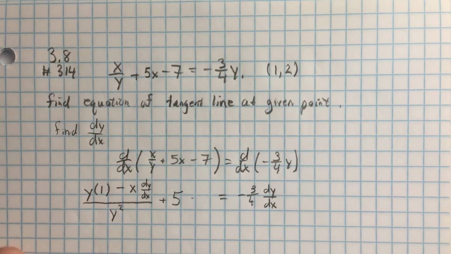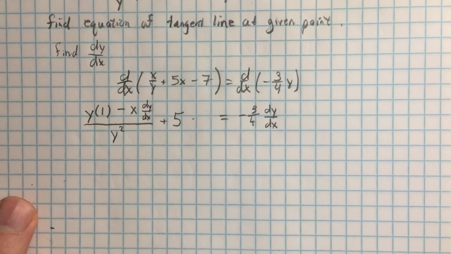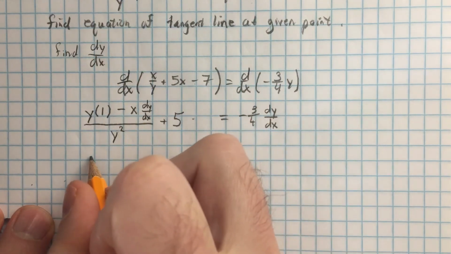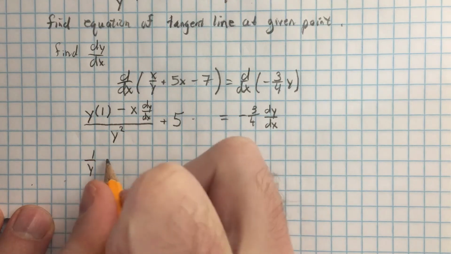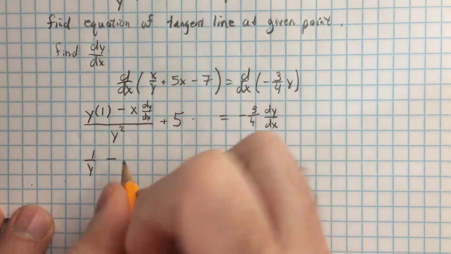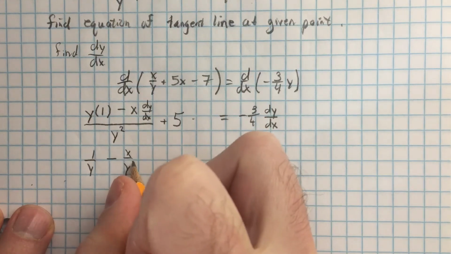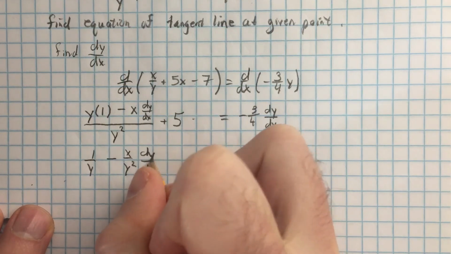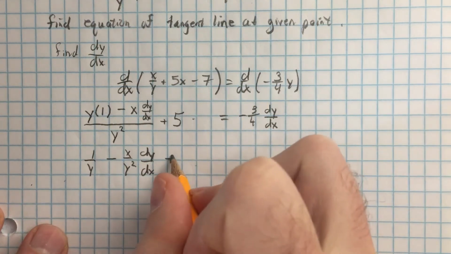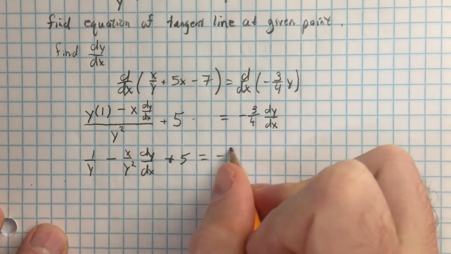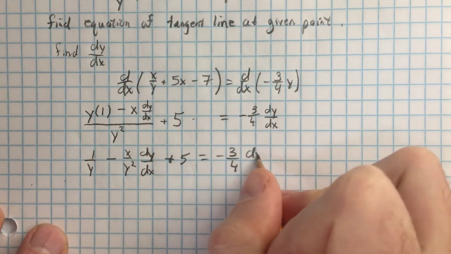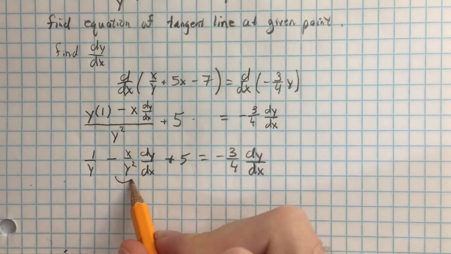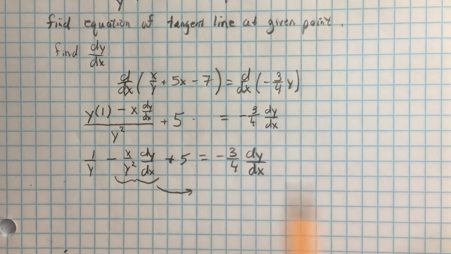So let's start to simplify this a little bit and gather like terms. I'm going to separate these two. I'll have y over y squared, which will be 1 over y, minus x over y squared times dy/dx still together. And then we have plus 5 equals negative 3/4 of dy/dx. I'm going to move this one to the right-hand side.